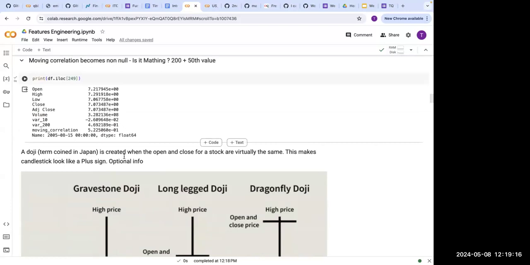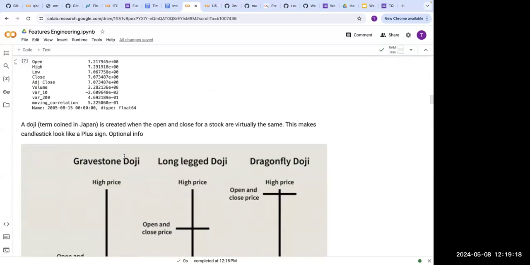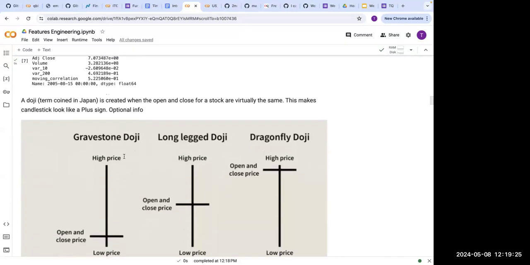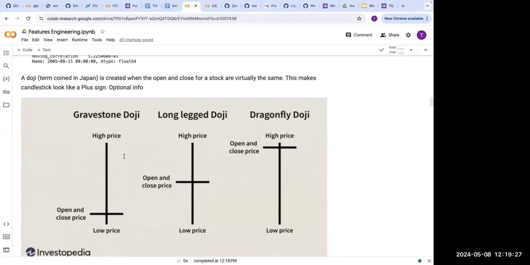Now, let's talk about how we can use other features. A doji is a term coined in Japan used for describing the open and close price of a stock when they are very much the same.